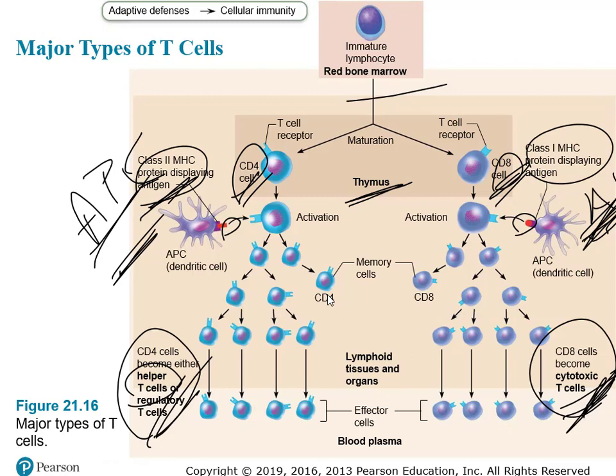Whereas class 1 is endogenous protein. This is exogenous. They have to take it from outside. This one is endo. They basically take a little bit of protein that they form within the cell and display it on the class 1 MHC protein for the CD8s to mature into cytotoxic.